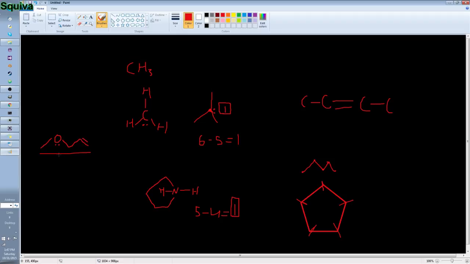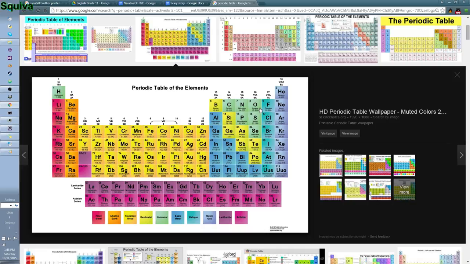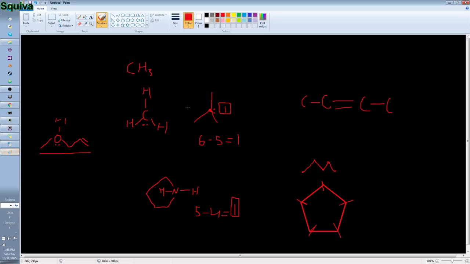So, what's the formal charge here? Well, we know we have a hydrogen here. We have a bond here, so it's 2, 4, 6, 8. 1, 2, 3, 4, 5. So it's going to be 5. And then oxygen has 6. Whoa, we messed up over here. That's going to be 4 minus 5.